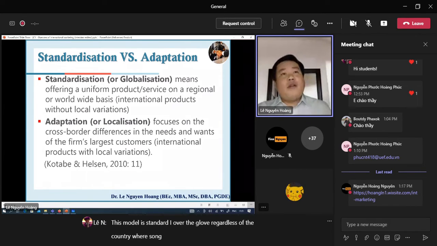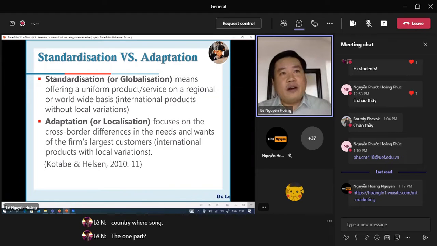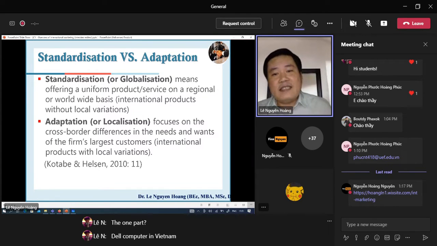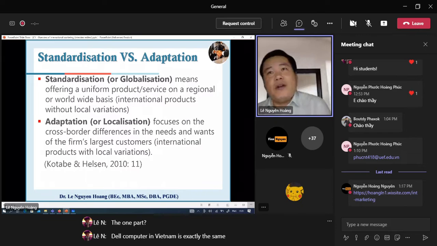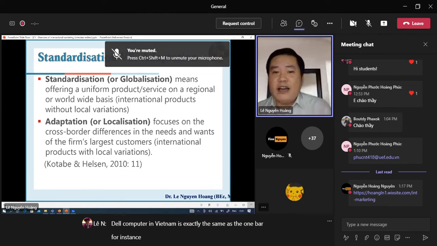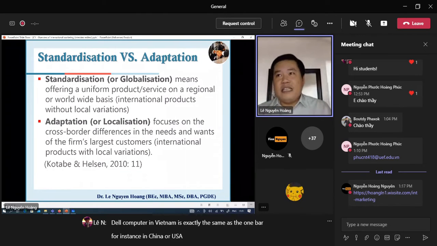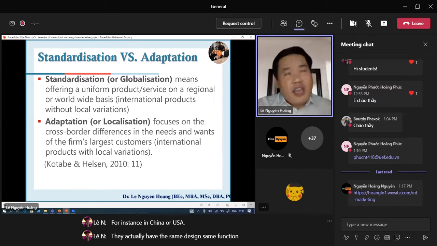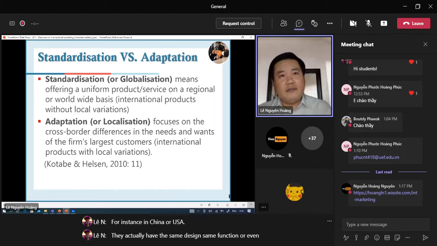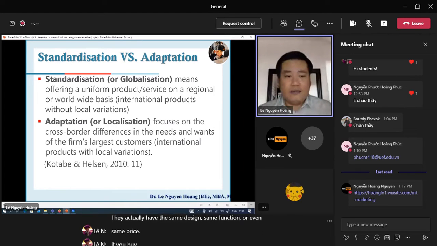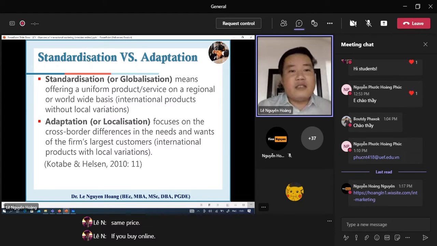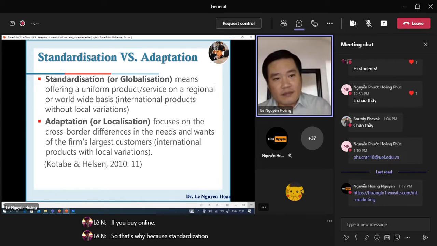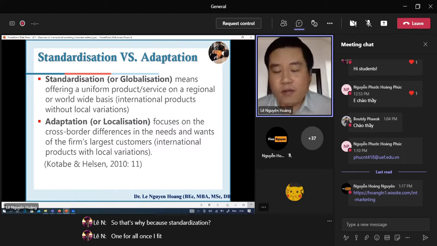The Dell computer in Vietnam is exactly the same as the one in China or the USA. They have the same design, same function, or even the same price if you buy online. So that's what we call standardization. One for all, one size fits all.